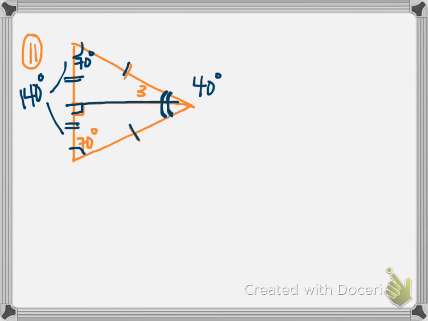And by SAS, those two triangles are congruent, which means angle 3 and this other half over here are congruent. So all we have to do to find the measure of angle 3 is just divide that 40 in 2, and we get 20 degrees.